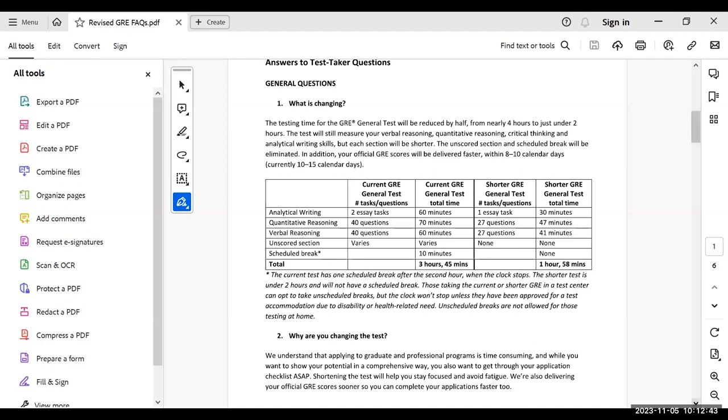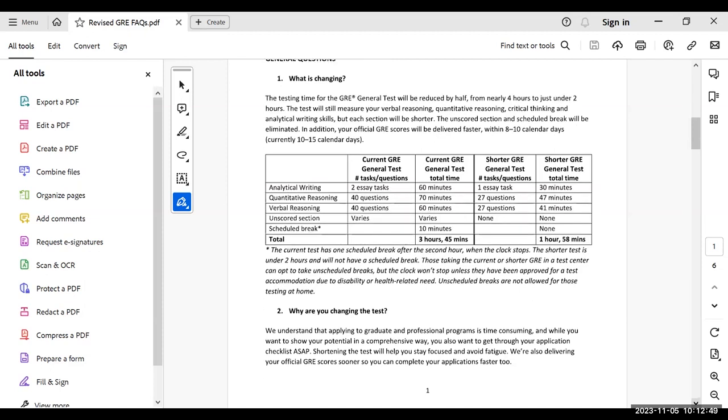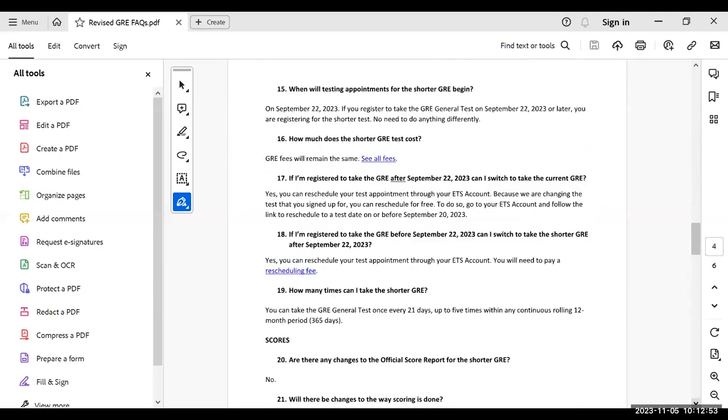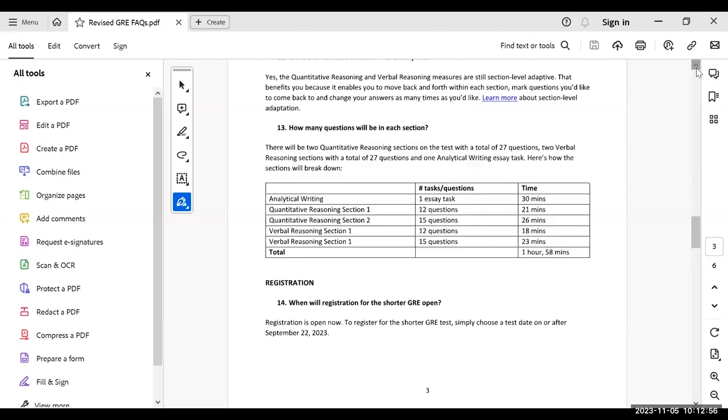And plus, if you look at the number of questions in verbal reasoning, out of a total 27 questions, how many will you see here? It is in this table. How many questions will be in each section? So they are telling you that in quant section 1, you will have 12 questions, which you will have to complete in 21 minutes.